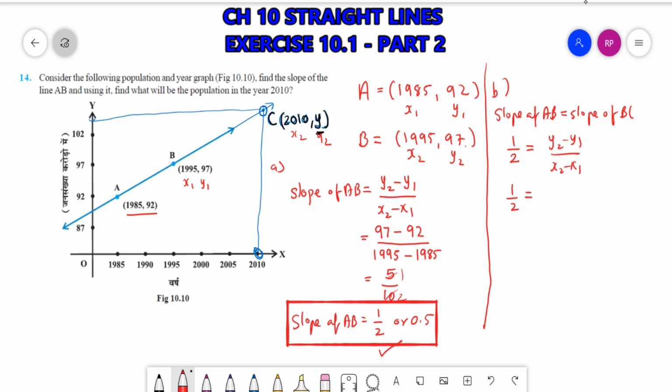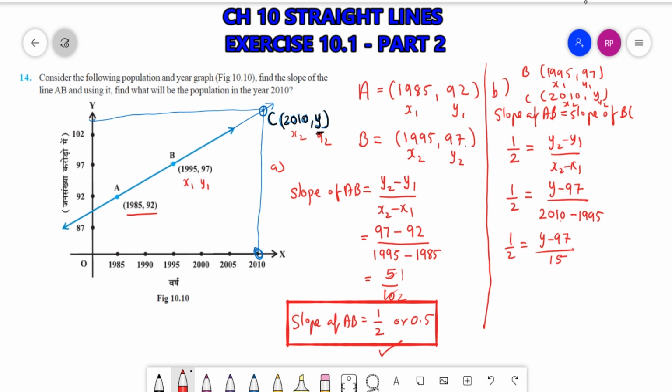Okay, see in this case we have taken a different thing. Point B as x1 y1, like B, 1995 97. This we are taking as x1 y1. And C, 2010 y, this we are taking as x2 y2. Okay, so y2, that is y minus 97, upon x2, that is 2010 minus 1995. 1 by 2 will be equal to y minus 97 upon 2010 minus 1995, that will be 15.